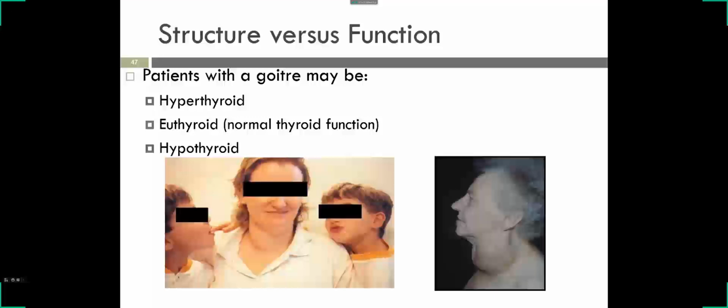It's less able to make adequate supplies of thyroid hormone. The pituitary then senses this, you get that feedback, and more TSH is secreted, again causing the thyroid gland to grow. And then we'll talk more about antibodies and thyroid shortly. Okay?